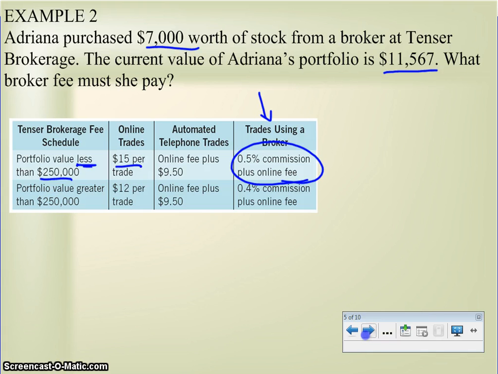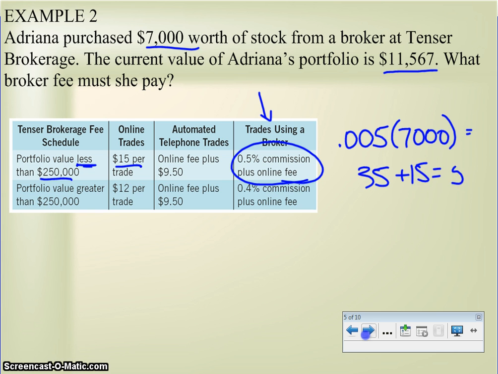Well, the online fee was $15, so we know she's going to pay that, and she's going to pay 0.5%, which as a decimal would be 0.005 times 7,000, which would give me a value of $35 plus the $15 online fee. So in fees, Adriana is going to pay $50.